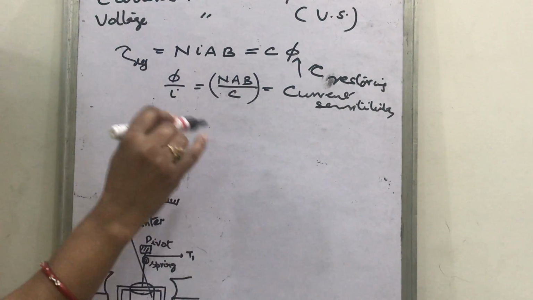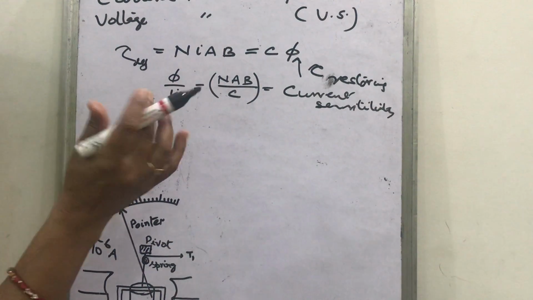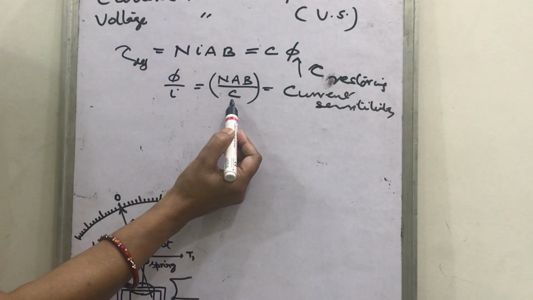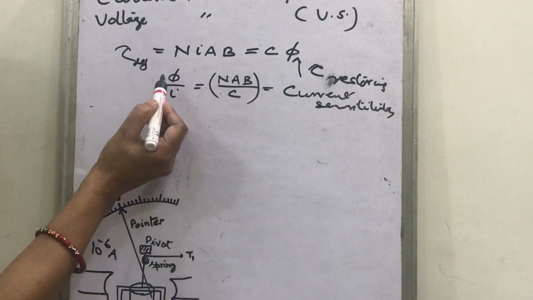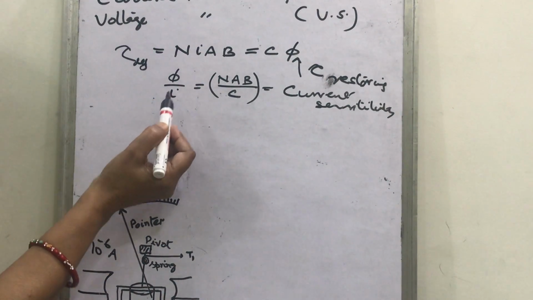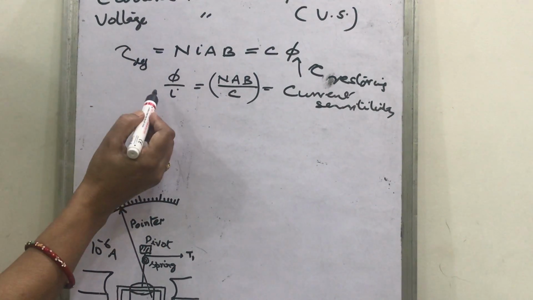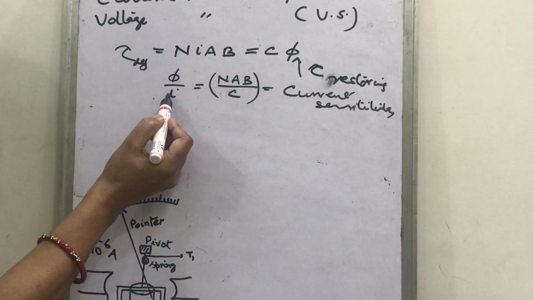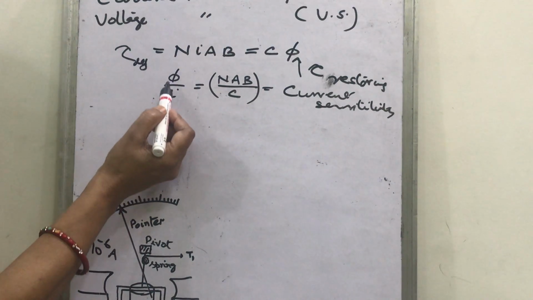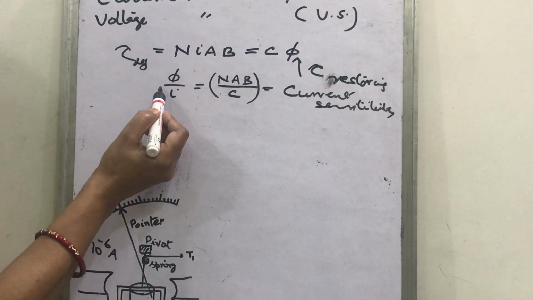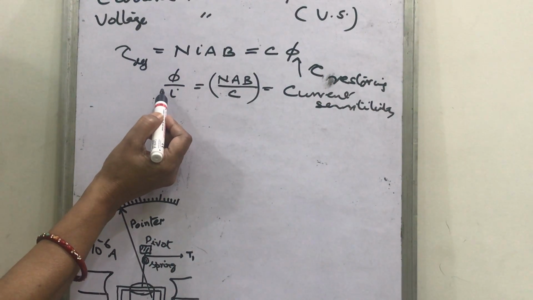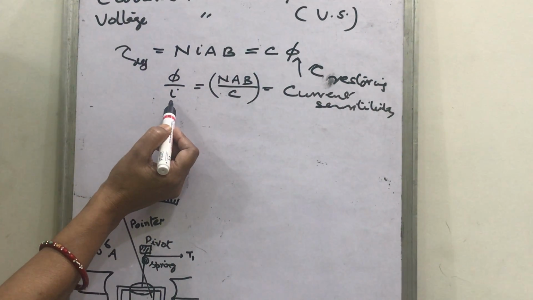We have read that phosphor bronze material is used. Why? Because it has less torsional constant. Why less torsional constant? To increase current sensitivity. Now how is current sensitivity defined? Look here, current sensitivity is defined as twist in the spring or strip per unit current.